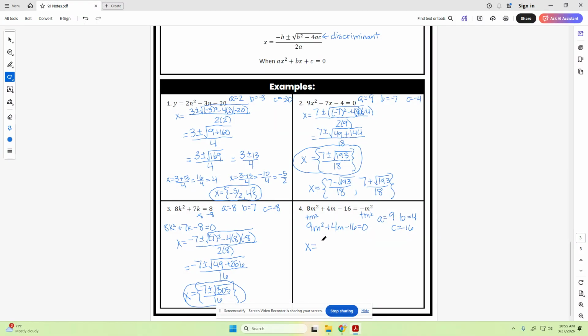So x equals negative 4 plus or minus the square root of 4 squared minus 4 times 9 times negative 16, all divided by 2 times 9.